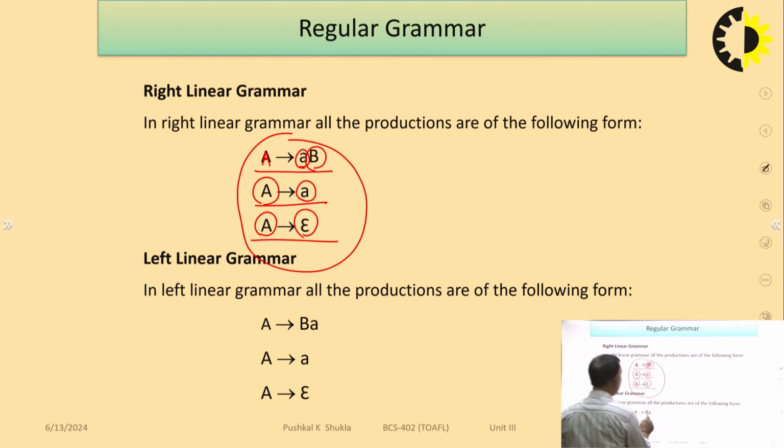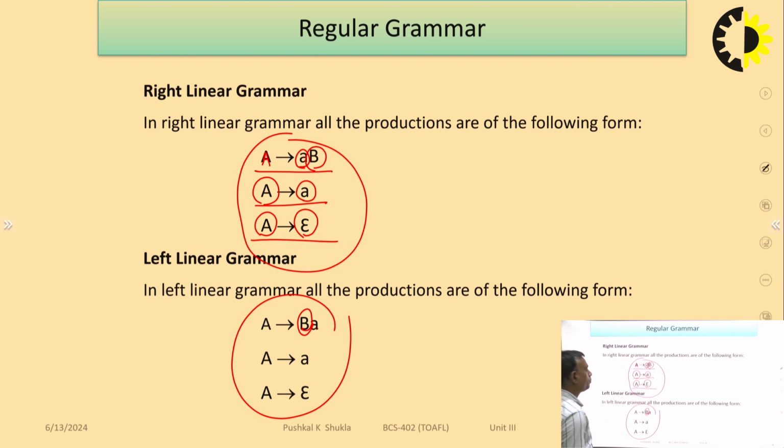Similarly, A equals Ba has a non-terminal on the left, and A equals a and A equals epsilon make a left linear grammar. All these are regular grammars and are accepted by finite automata, DFA and NFA.